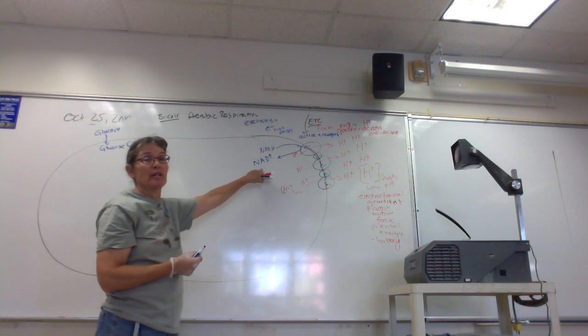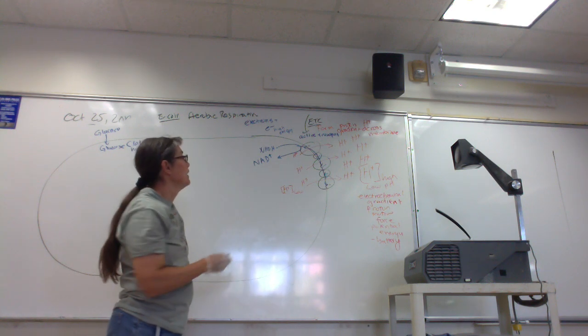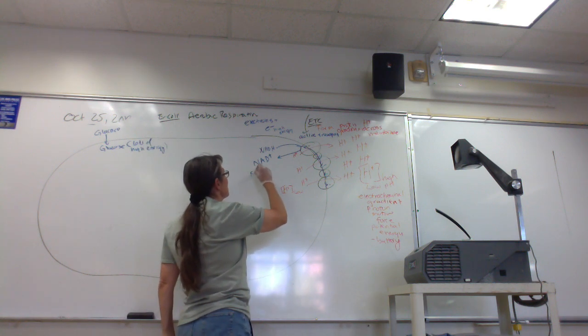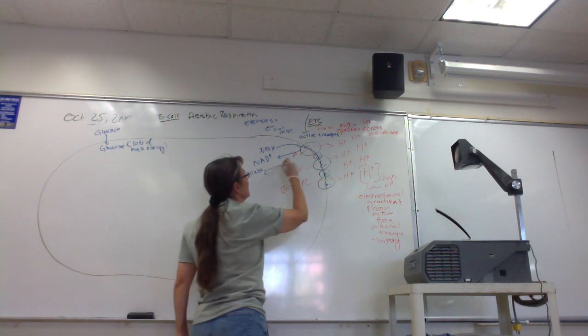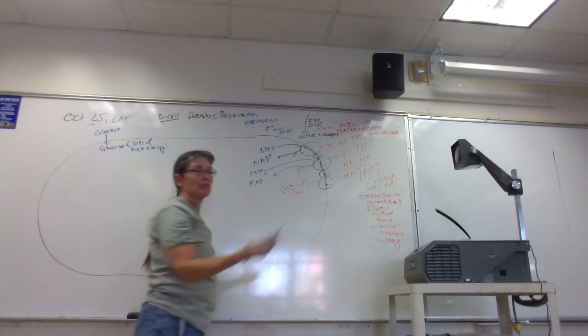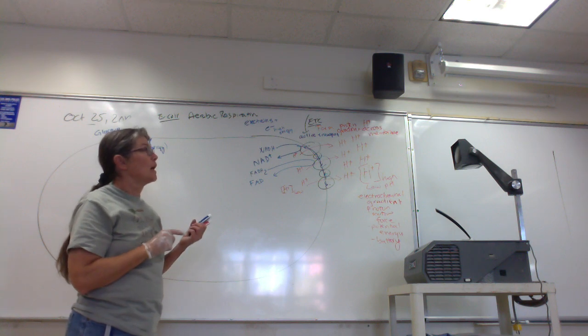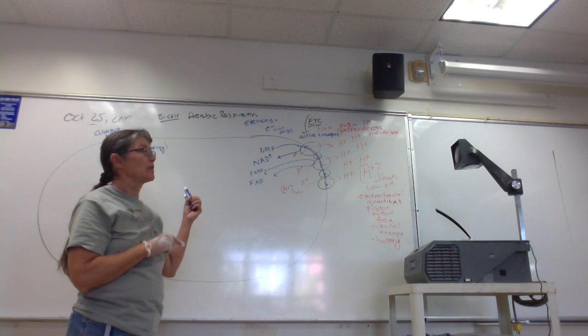We regenerate the oxidized form, and that's what will keep all the other processes working. FADH2, folks, delivers electrons a little bit lower, but it too is delivering electrons to the ETC. All right, so we know where the electrons came from.